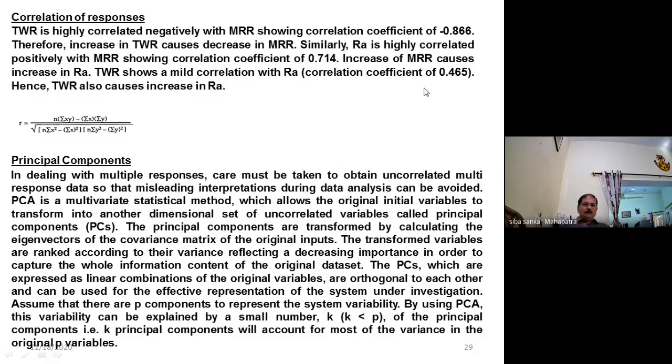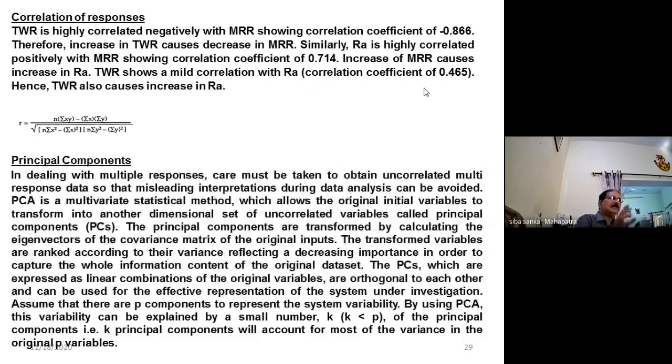Now we have found out the correlation only to prove that when you find out the principal components, the principal components are uncorrelated components. You cannot establish correlation among the principal components. It is only a data reduction technique.